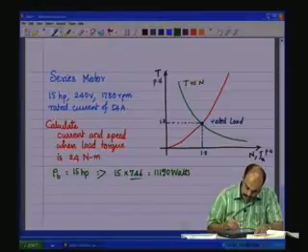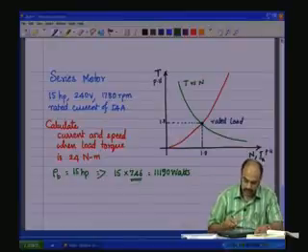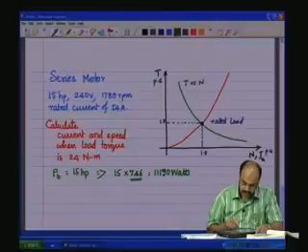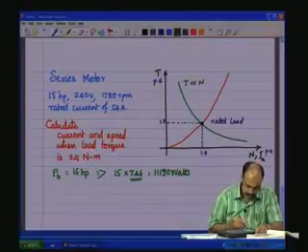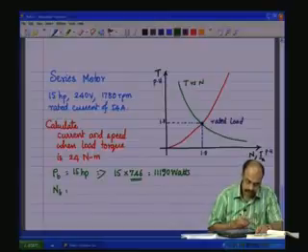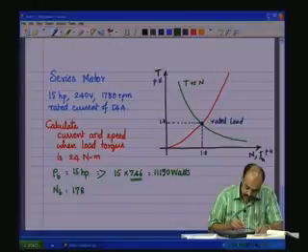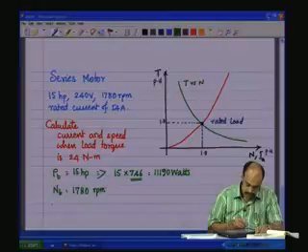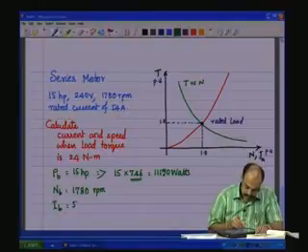This is the conversion that we have assumed: 746 watts is 1 HP. Then the base speed is 1780 RPM, and the base current is 54 amps given.